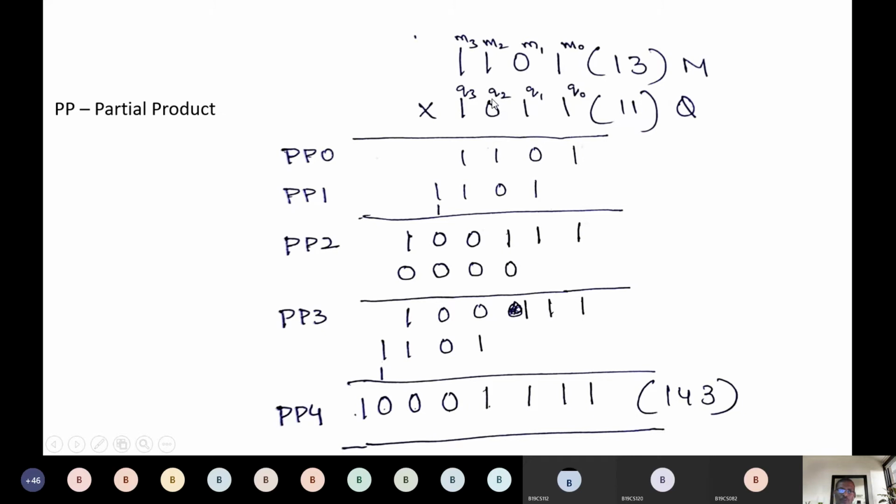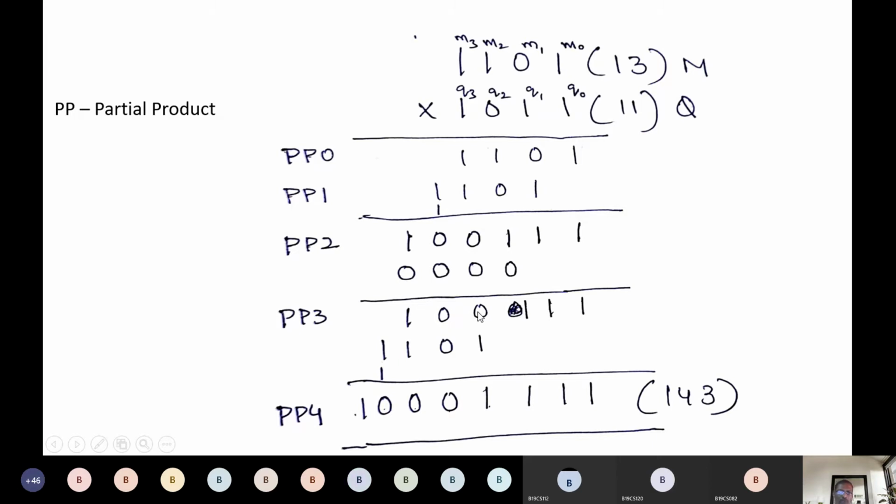So with Q2 we multiply all the 4 numbers and we get 4 zeros here. These 4 zeros we will add to the partial product. We call this partial product addition. After adding these two, we get again the intermediate partial product 3, the result.